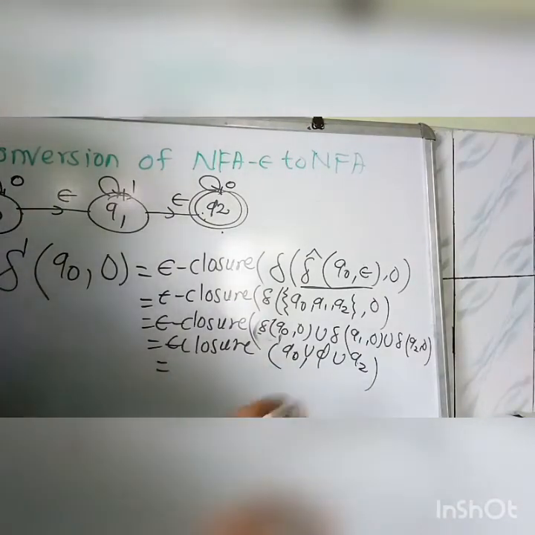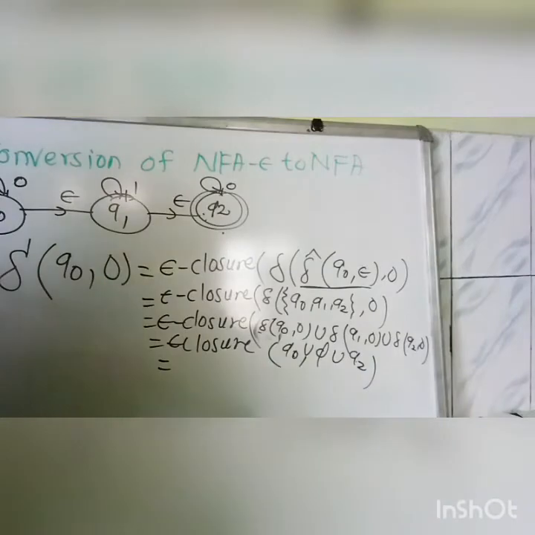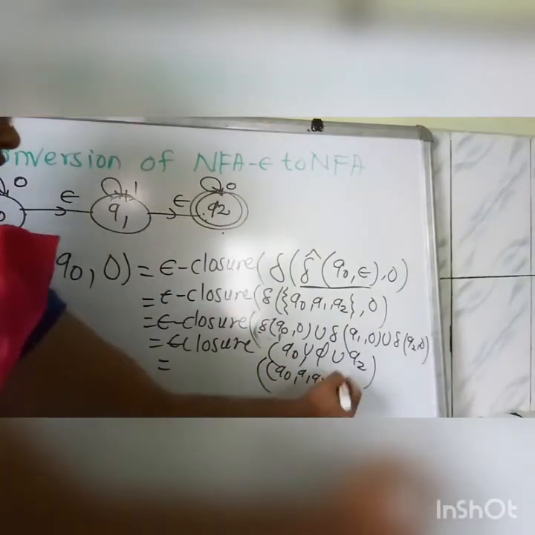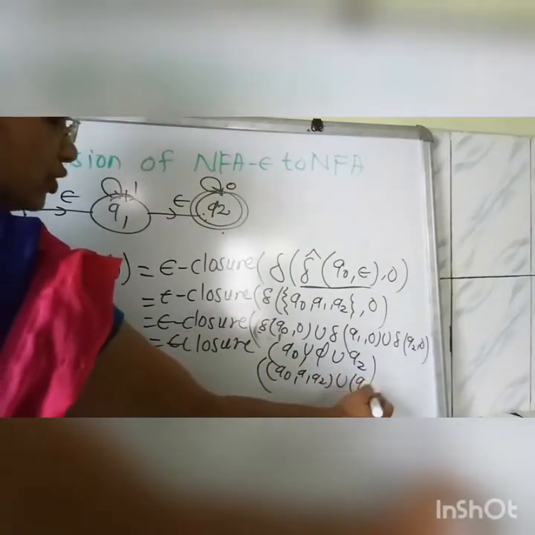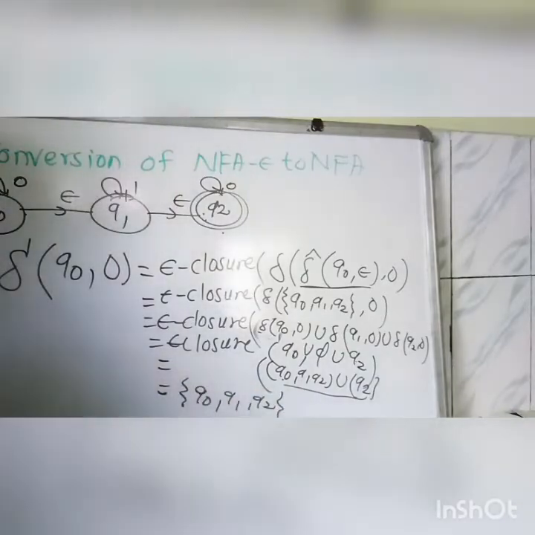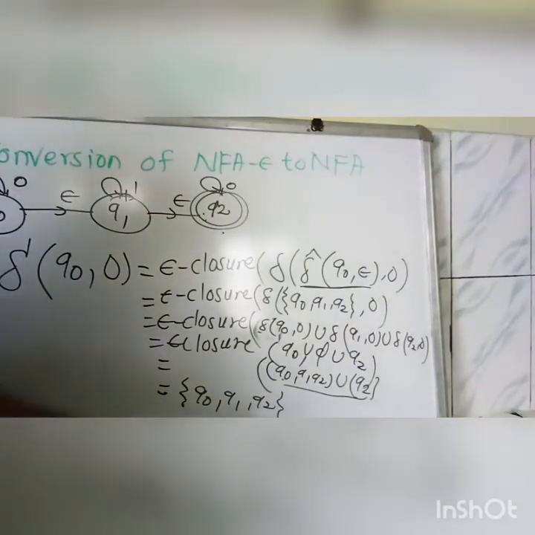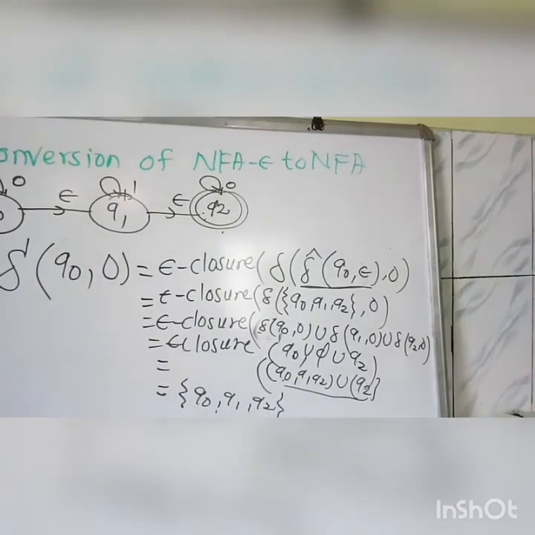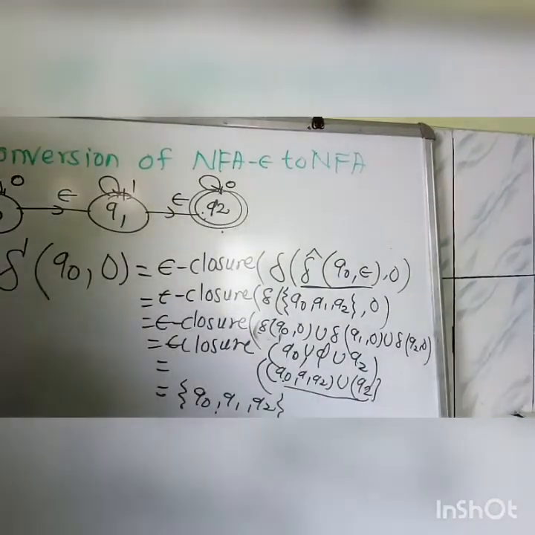Q0 and Q2 are the two states; in the epsilon closure of Q0 there is Q0, Q1, Q2, and in Q2 there is the Q2 state. So taking the union of these, we get at the last Q0, Q1, Q2. As we applied it for Q0 on 0, we come to the output Q0, Q1, Q2. We have to consider it for all remaining inputs.